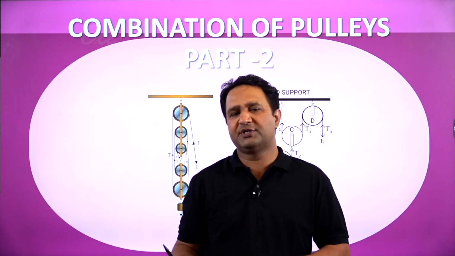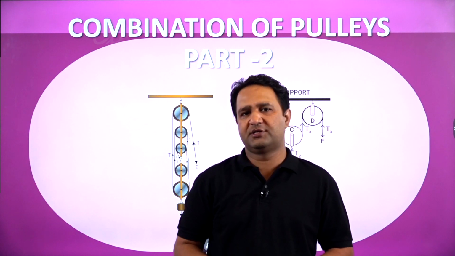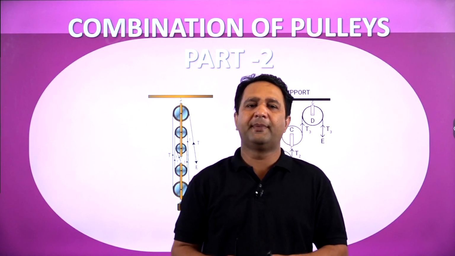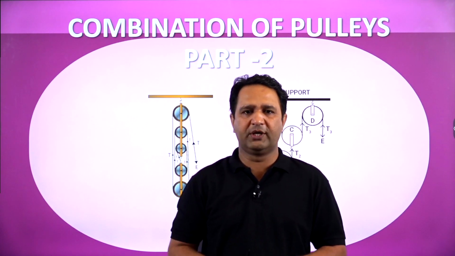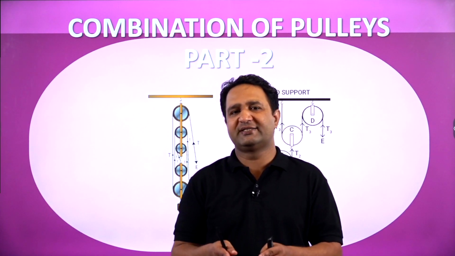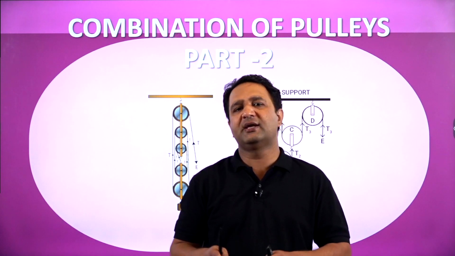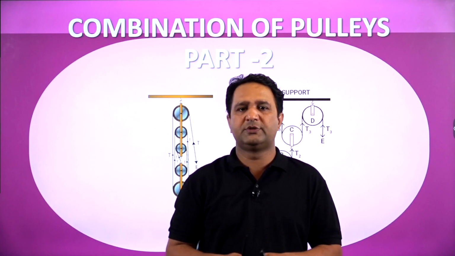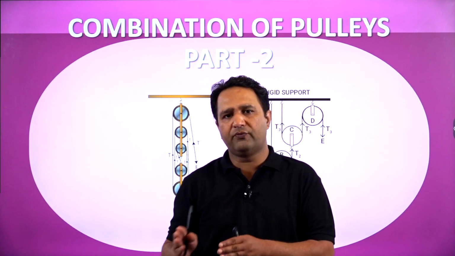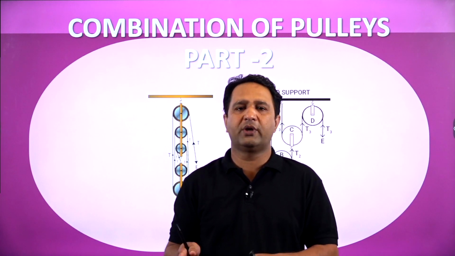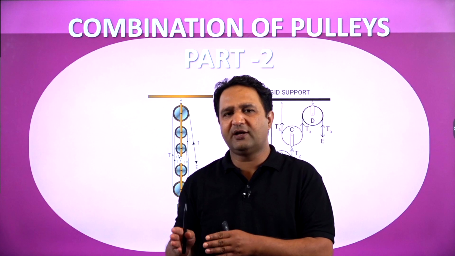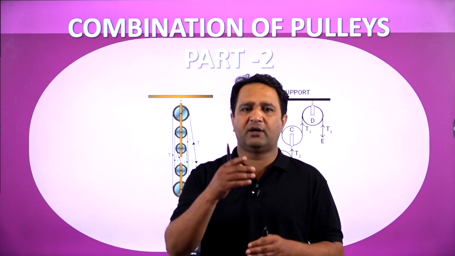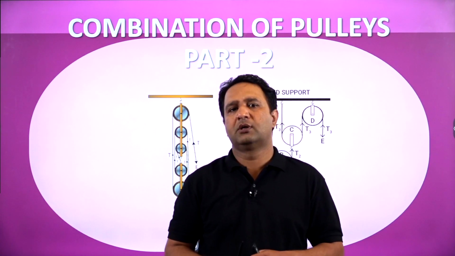This is in continuation of the previous session where we studied the single fixed pulley and single movable pulley. We saw that in the single fixed pulley the mechanical advantage was 1, which means there was no force multiplier and no gain in speed; we were only changing the point of application of the force.